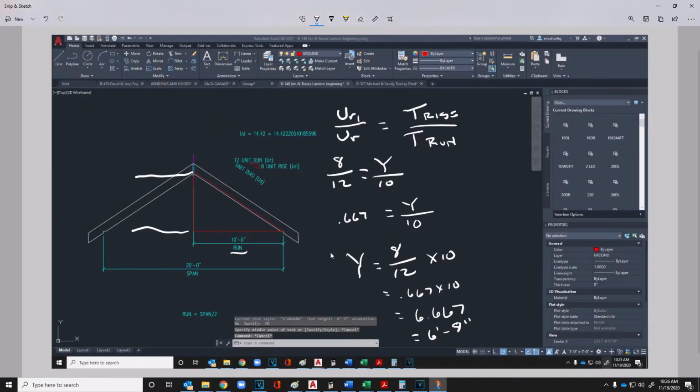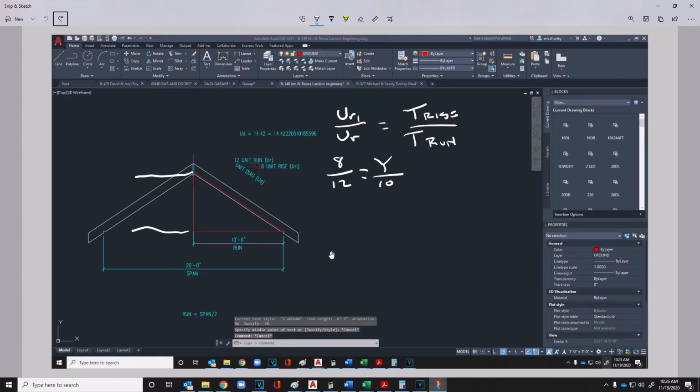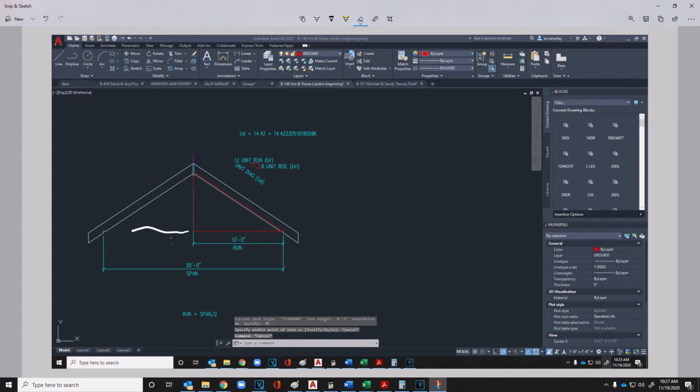And let's go back over here, and I'm going to clear some of this up real quick. Anyway, it's going to stop at that point. I can erase the rest. And we said that our run was 6'8".